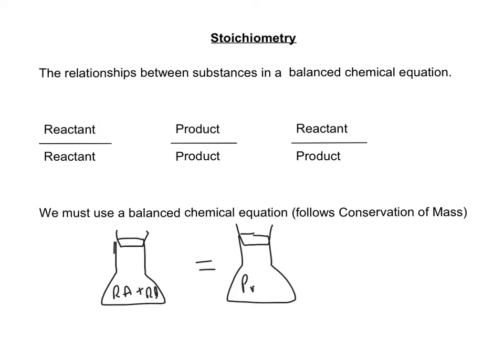Maybe you have product C and product D. But because you've got the stopper, no matter can escape, and the total mass of your reactants is equal to the total mass of your products. So that's the law of conservation of mass. That's why we balance chemical equations. Each atom has a specific mass, so the same number of them are there afterwards as there are before.